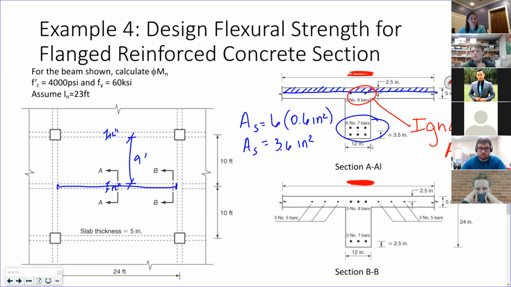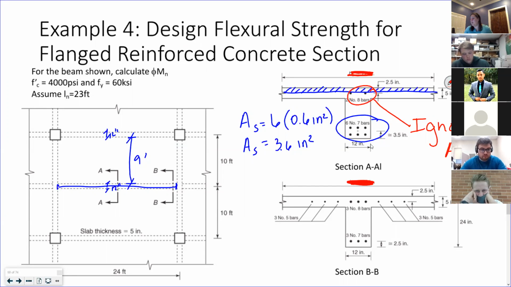But in practice, ignore it. It is good to write it down though and say, I'm ignoring it. That's a good question. Regardless of where I think my compression block is, I'm ignoring my compression steel.